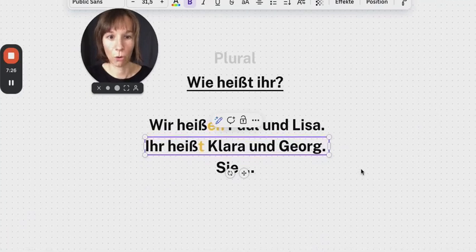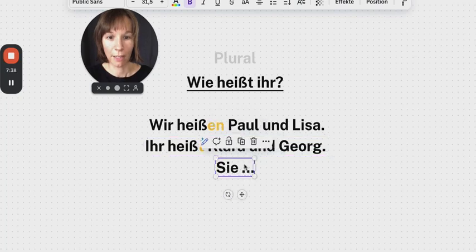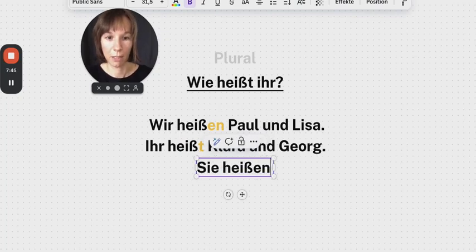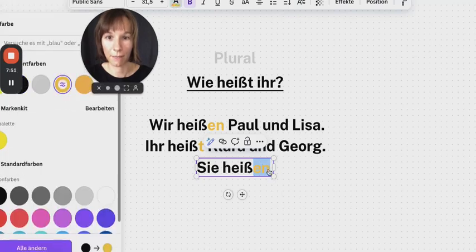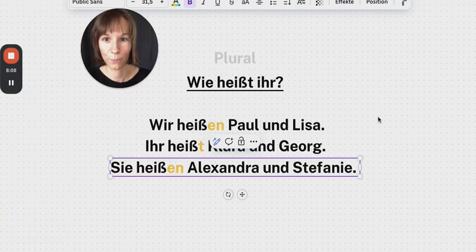Wir heißen Paul und Lisa. You are called Clara and Georg. Ihr heißt Clara und Georg. And they are called sie, and then we have heißen again. So in plural, the conjugation is en, t, en. There we go.